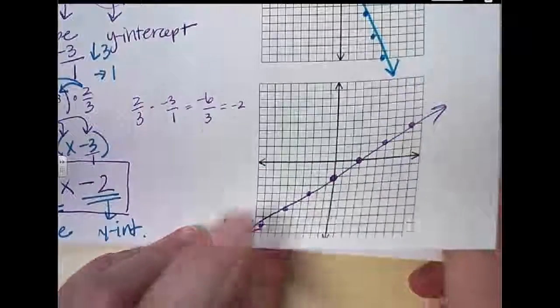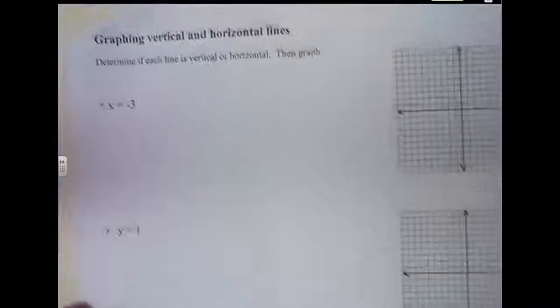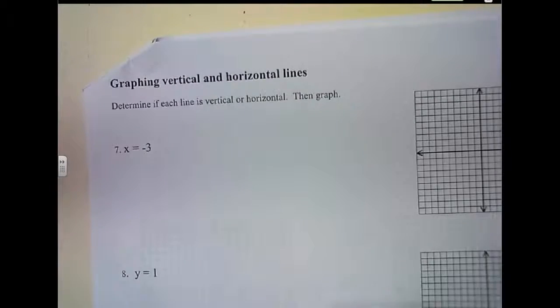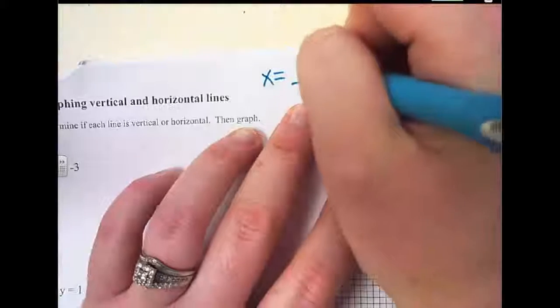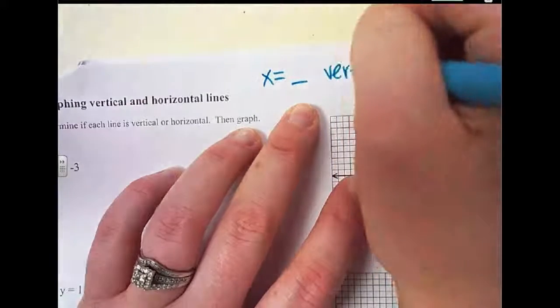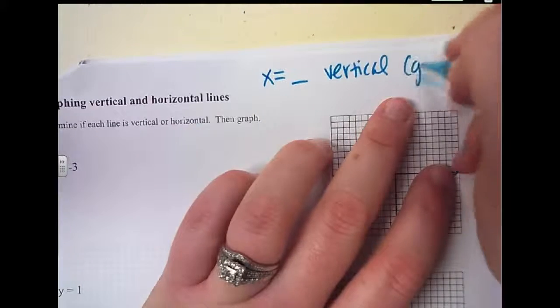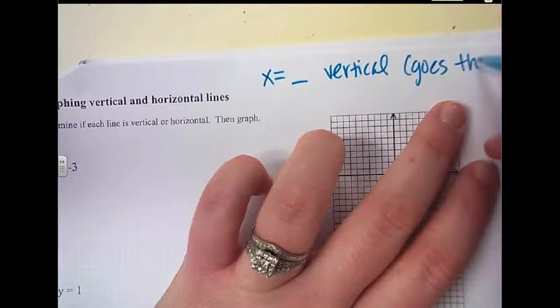Okay, so on the next part, it's just talking about vertical and horizontal lines. It says, determine if each line is vertical or horizontal, and then graph. So up here at the top, I'm going to put, if it says x equals something, it's vertical because it goes through the x-axis.